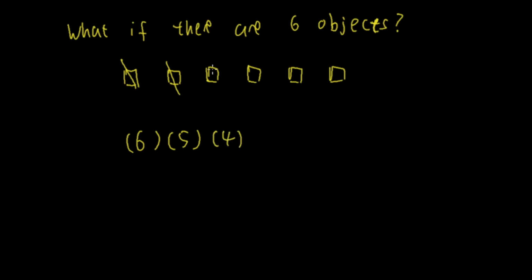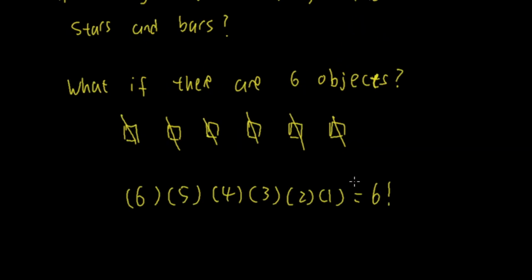Another one gone. Now how many options are left? 3, right? Another one gone. Now how many options are left? 2, right? Another one gone. So now how many options are left? 1, right? Okay, gone. So what is this? This is equal to 6 factorial, right? So if there are 6 objects, there are 6 factorial ways for you to arrange these objects.